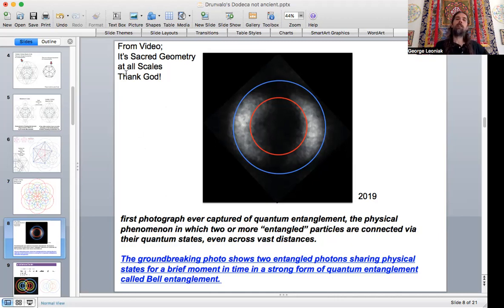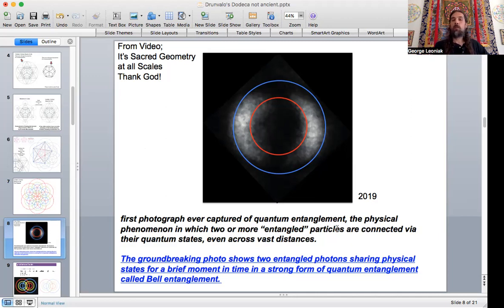I came across an image from 2019, and I love the timing of how these things coincide with the field of sacred geometry. This is the first photograph ever captured of quantum entanglement.